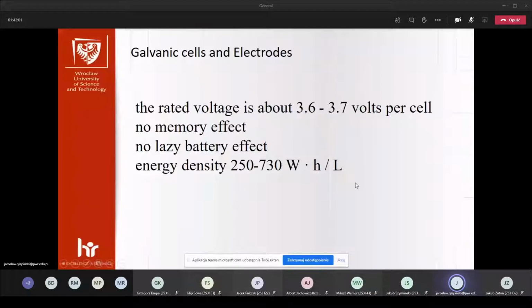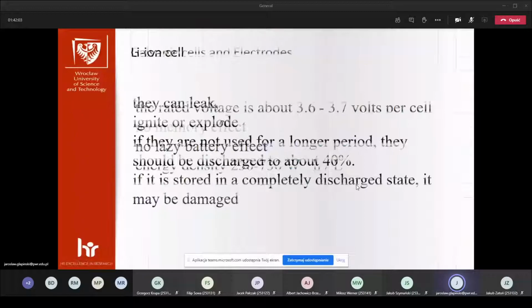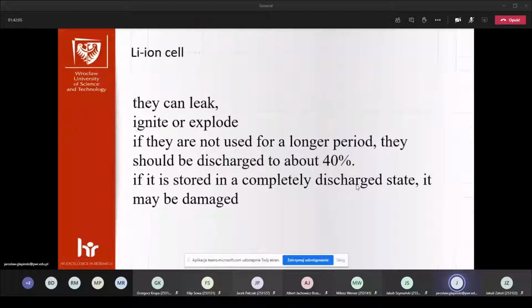So it seems very nice, but there are also some disadvantages of the battery. They can leak. Yes, this is the problem, that during this chemical process, there is a high pressure inside.